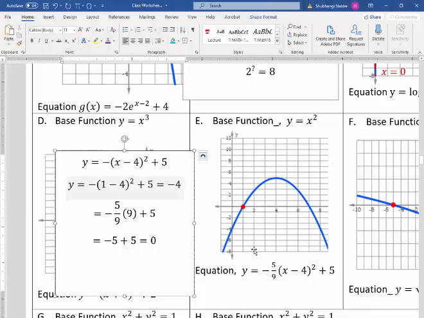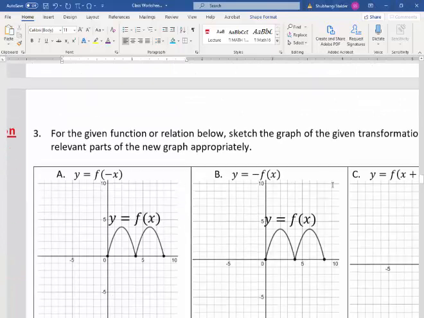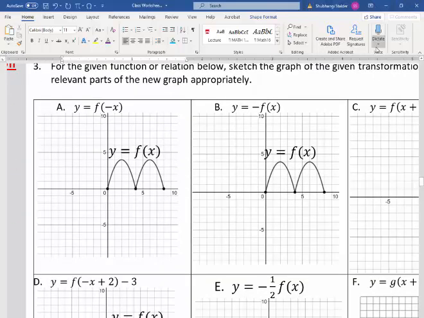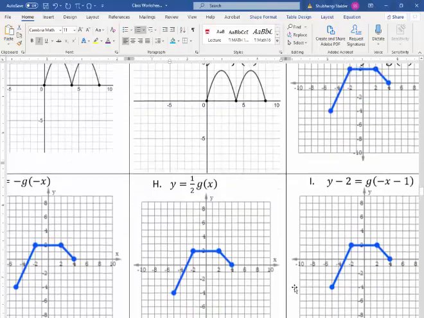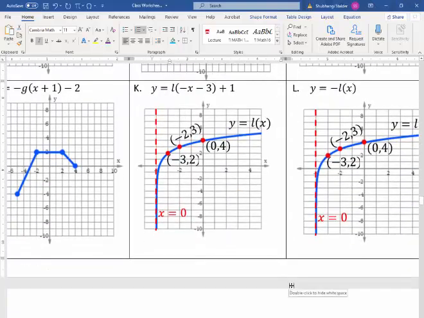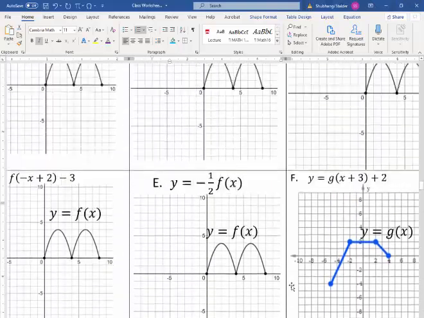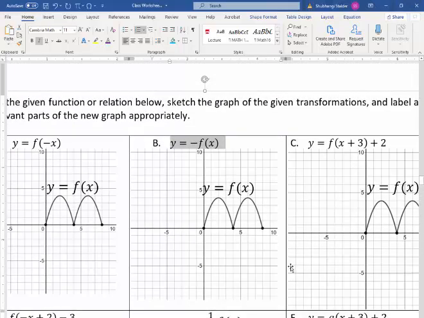All right, let's move on to question number 3. So again, this is for the function below. You tell us what the graph of f of -x would look like, what this graph would look like, and so on. So we have 12 questions.